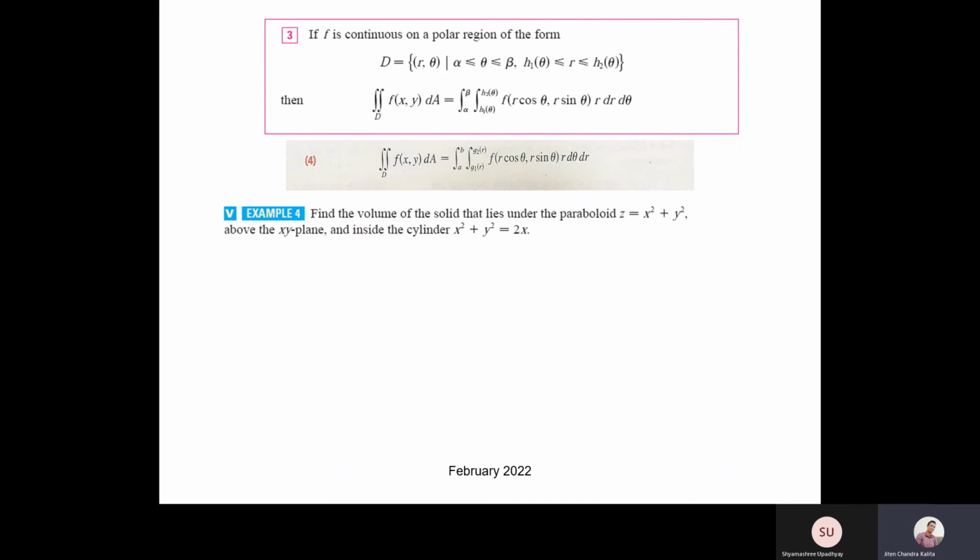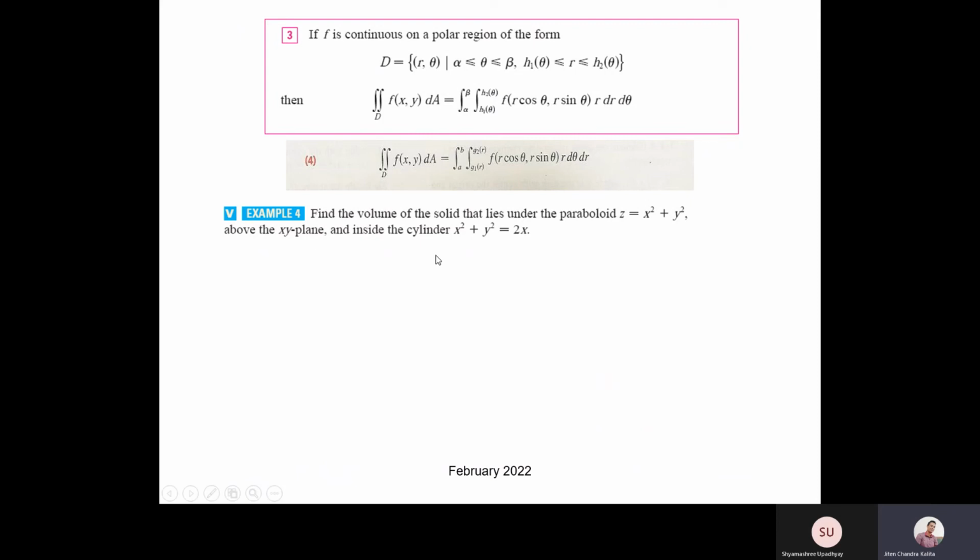So this is the case. Find the volume of the solid that lies under the paraboloid z equal to x squared plus y squared, above the xy plane, and inside the cylinder x squared plus y squared equal to 2x.